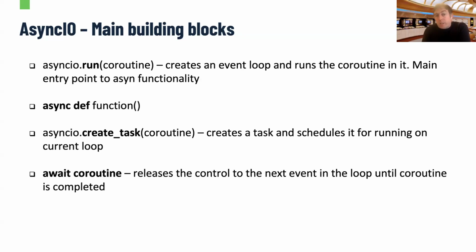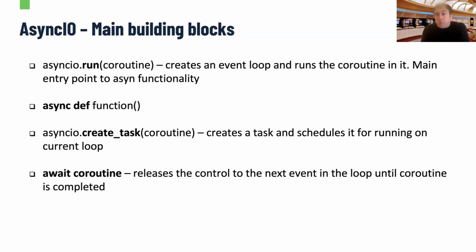Then you have the coroutines. You define them with async def and a function, and this creates a coroutine. You can run coroutines either using the main loop or create a task using asyncio.create_task.